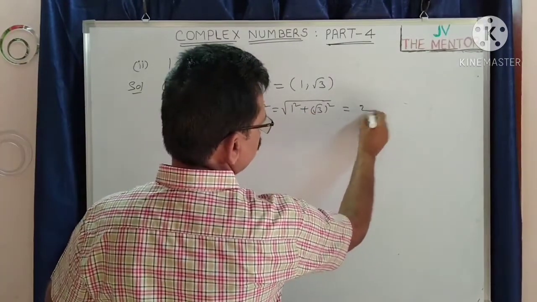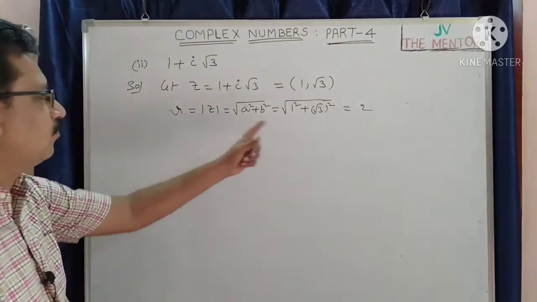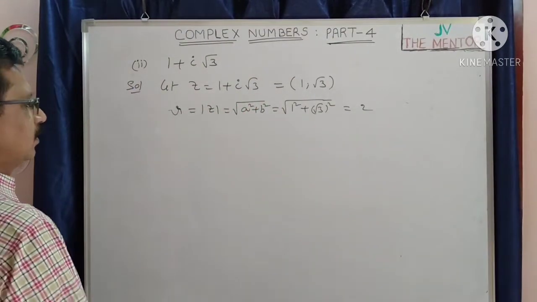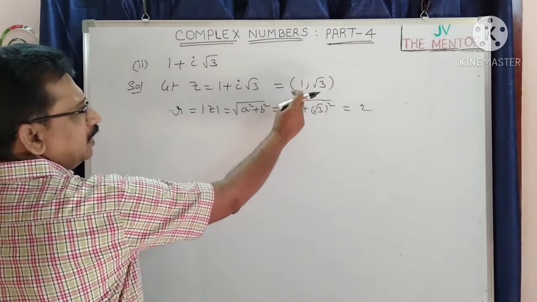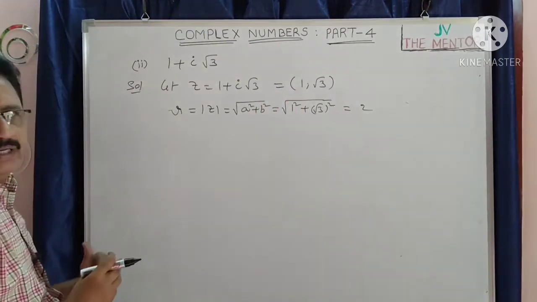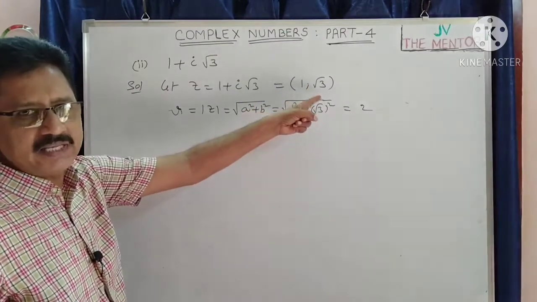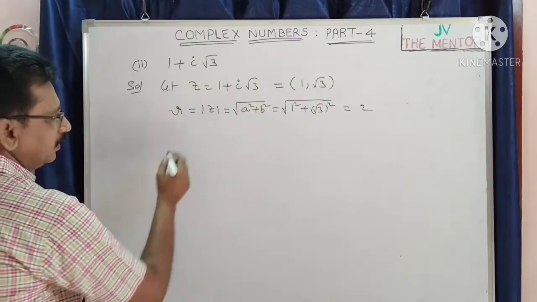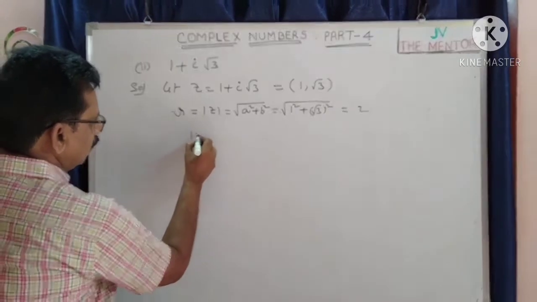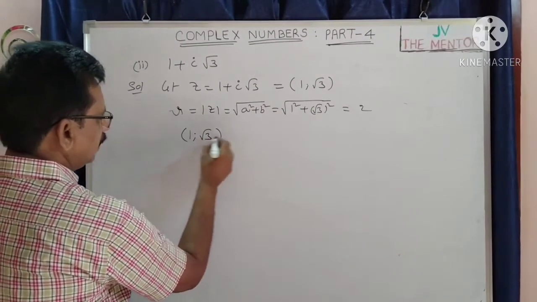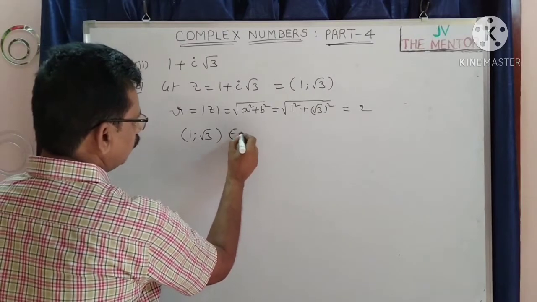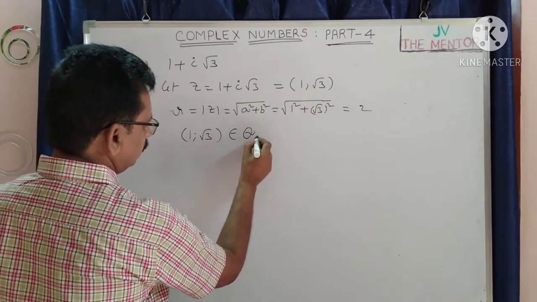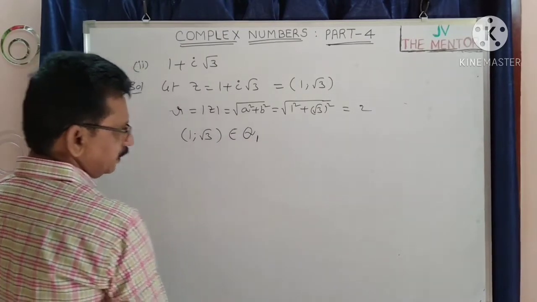Root 4 is 2. So the value of R is 2. Now the point 1 comma root 3 belongs to the first quadrant, Q1.